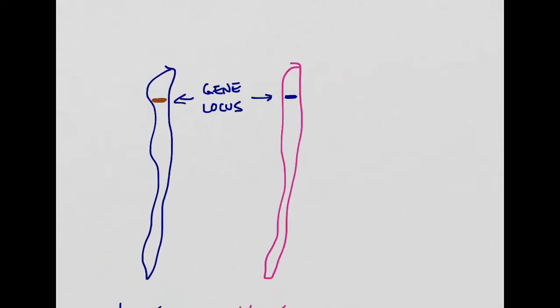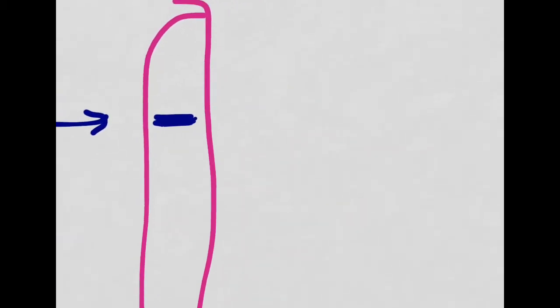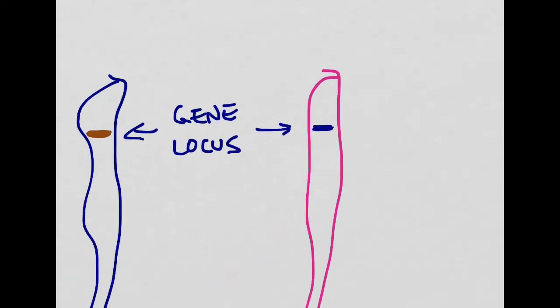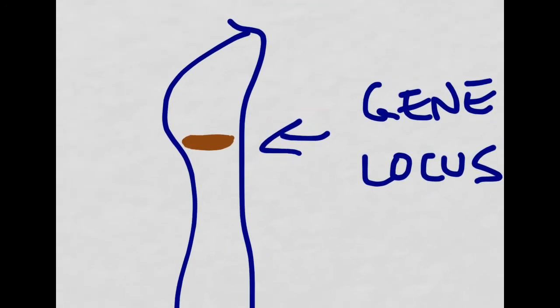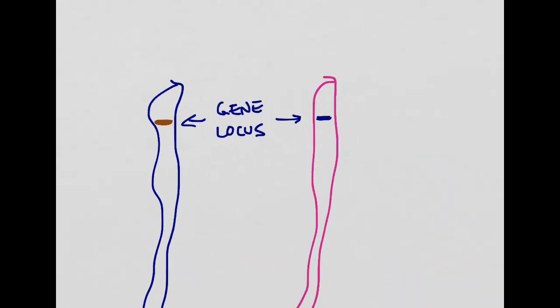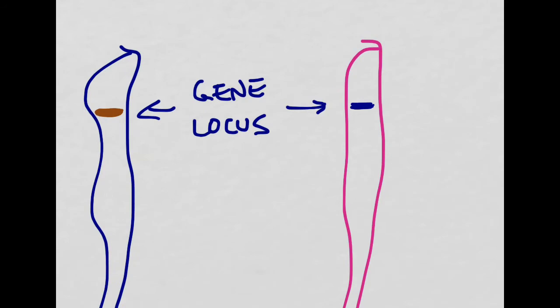Now you notice here I just made a little bit of a change, because I made the gene here for eye color on the female blue, and I made the gene here brown. Now, they're not actually colored that way in your DNA, but what I'm trying to express here is that I have actually two different alleles for the trait for eye color here.